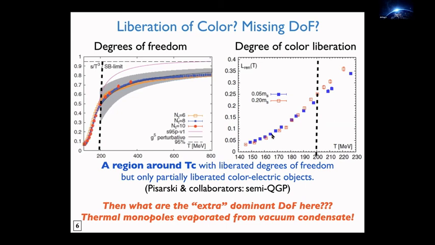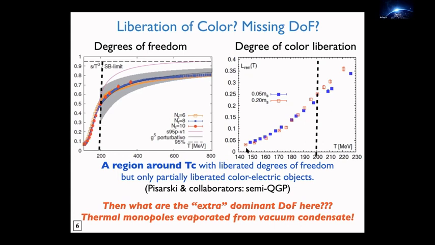Now, if you look at the Polyakov loop, it goes up very, very slowly. If you go all the way from nearly 0 to 1, that means you have a full liberation of color. So that kind of mismatch or discrepancy is telling us something. Namely, you get a lot of degrees of freedom that are liberated into the thermal system. But on the other hand, your colors are not very free yet.